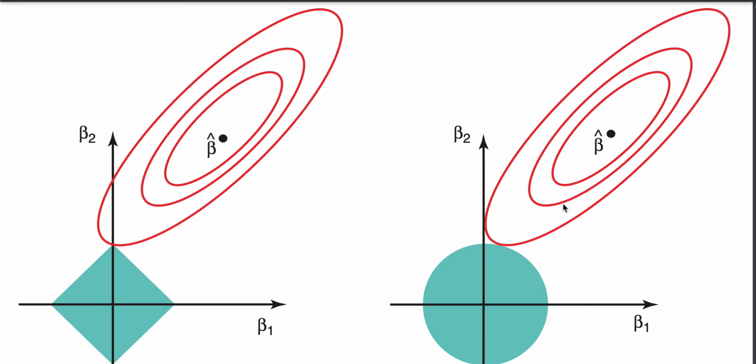Now, if we had no constraint, we would end up with beta hat, which is our least square estimate.